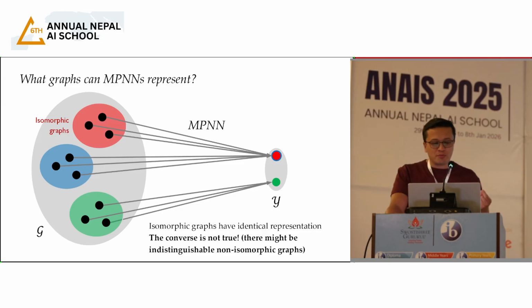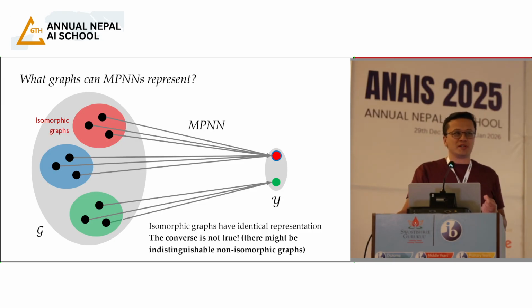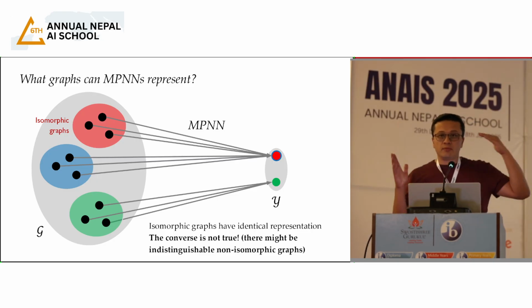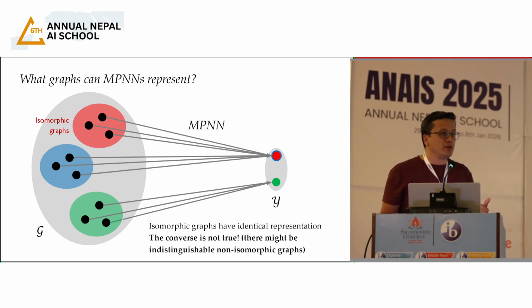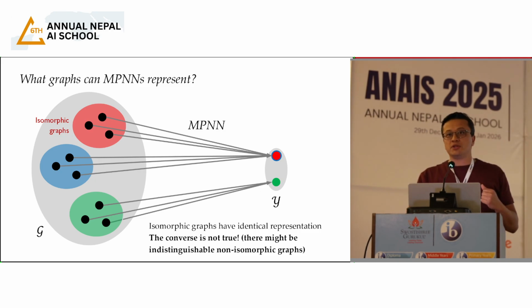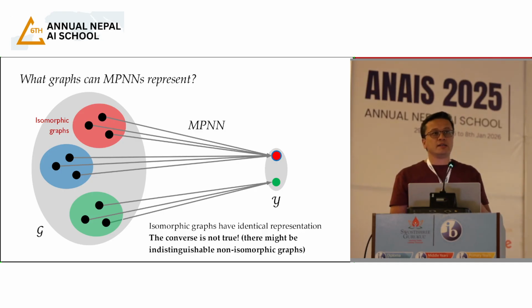This is important, but this is actually not true in message passing neural networks. So what can happen is, as you see in this diagram, say graphs from the blue category and the red category can collapse to the same representation, even though they are non-isomorphic between one another, right? And this is, in a certain way, a loss of expressiveness, okay?